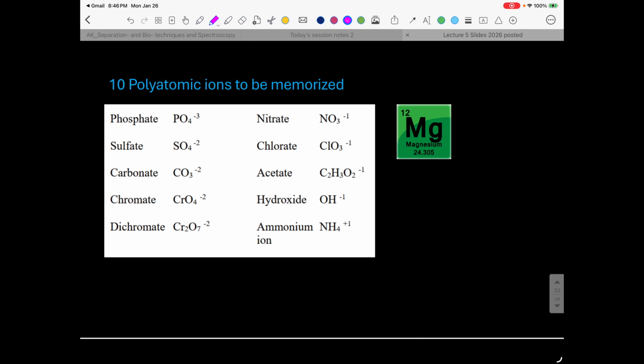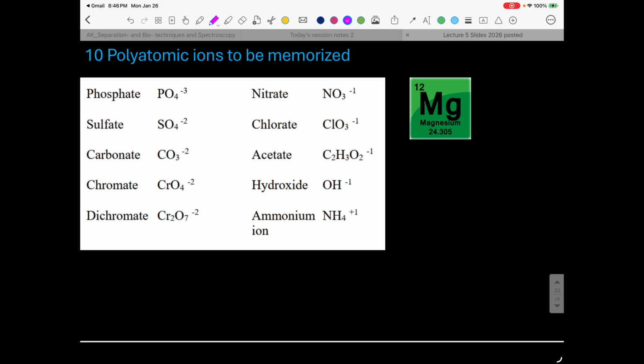So let's say, for example, we are asked to write down what would be the molecular formula when magnesium interacts with, say, phosphate. So what would be the formula for magnesium phosphate? These are all nonmetals here anyway, so these are negatively charged. So magnesium is going to have a +2 charge, and phosphate group has a -3 charge.